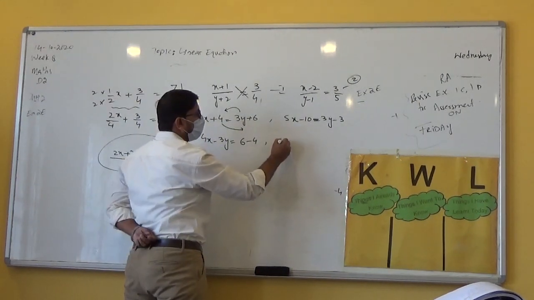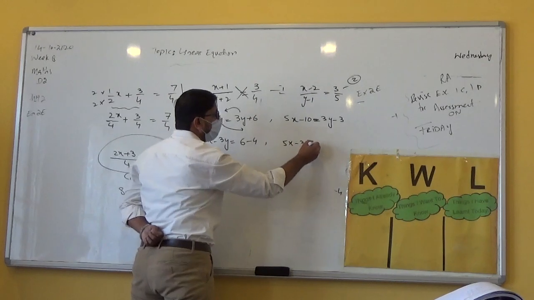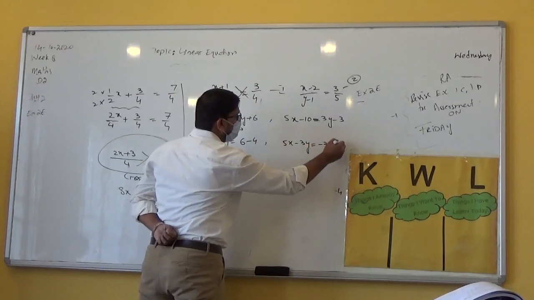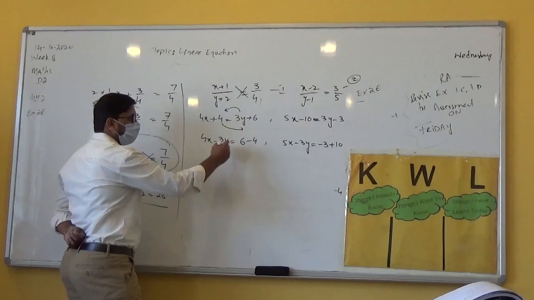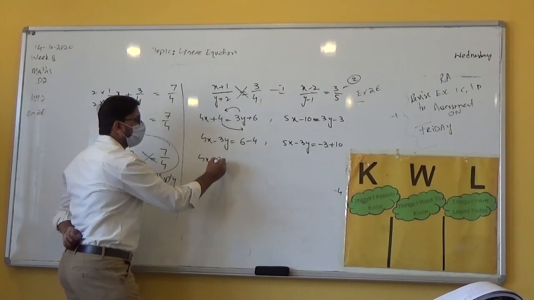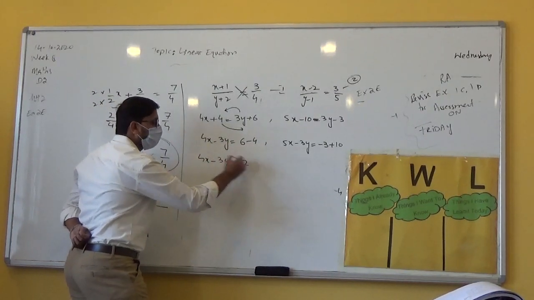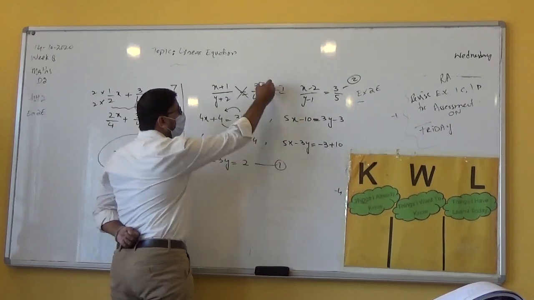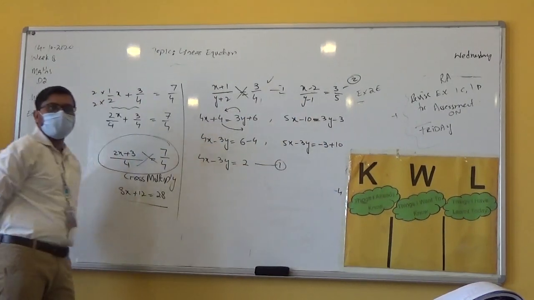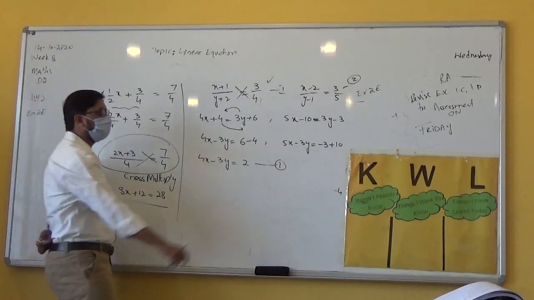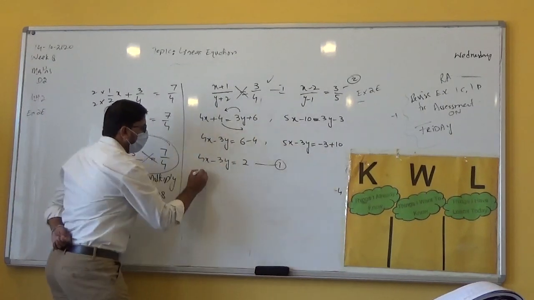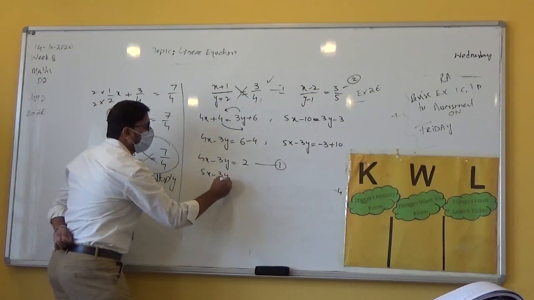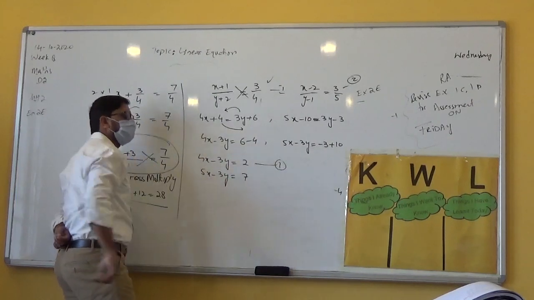Same over here, 5x minus 3y is equal to minus 3 plus 10. So what will it be then? It's 4x minus 3y is equal to 2. This is your equation number 1 which we get from here. And second, 5x minus 3y is equal to 7.